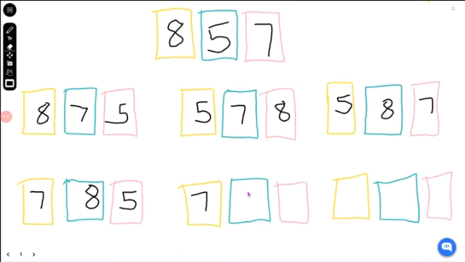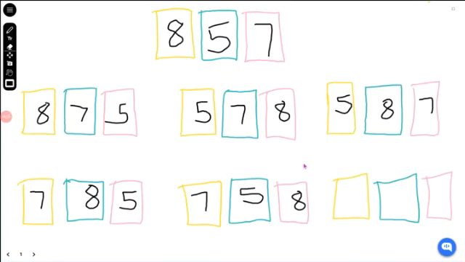So instead of 8 being here, we're going to put a 5, and then we're going to put an 8 in the last card. So we have 7, 5, 8. Or what could we say? That's right, 758.